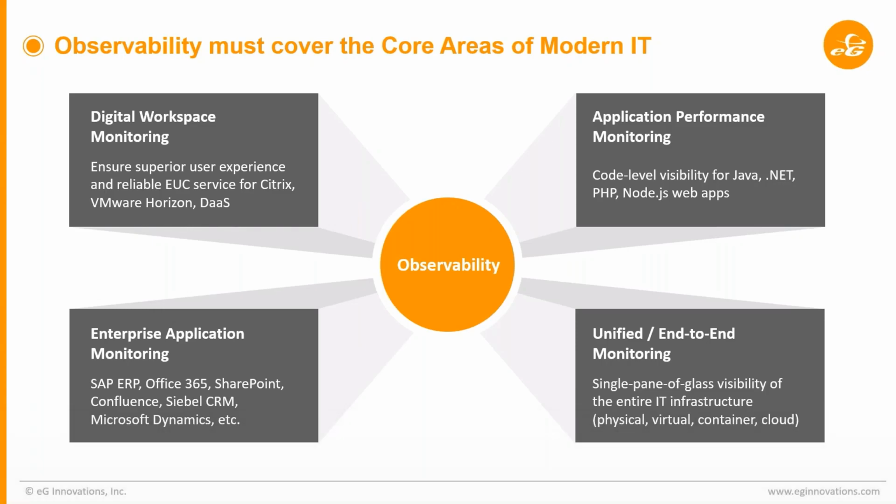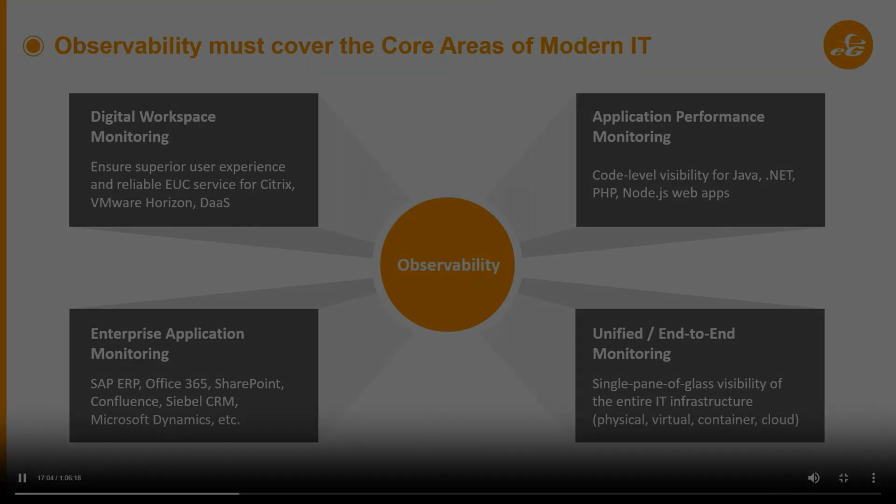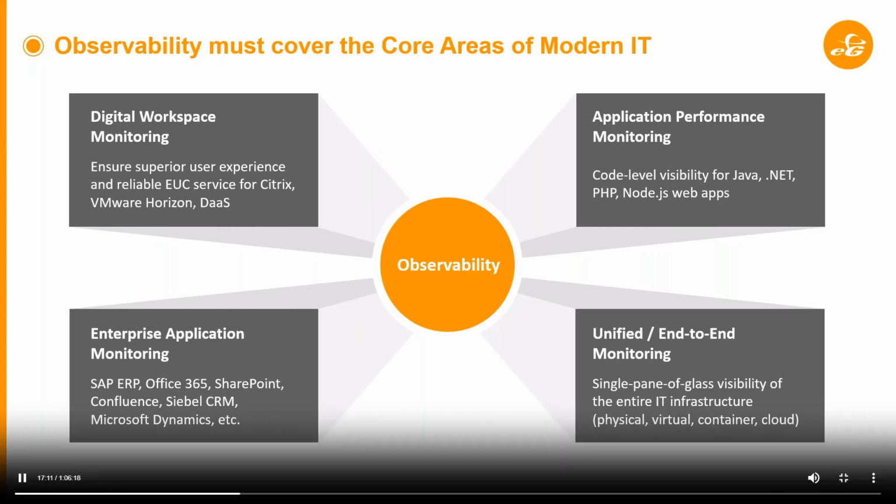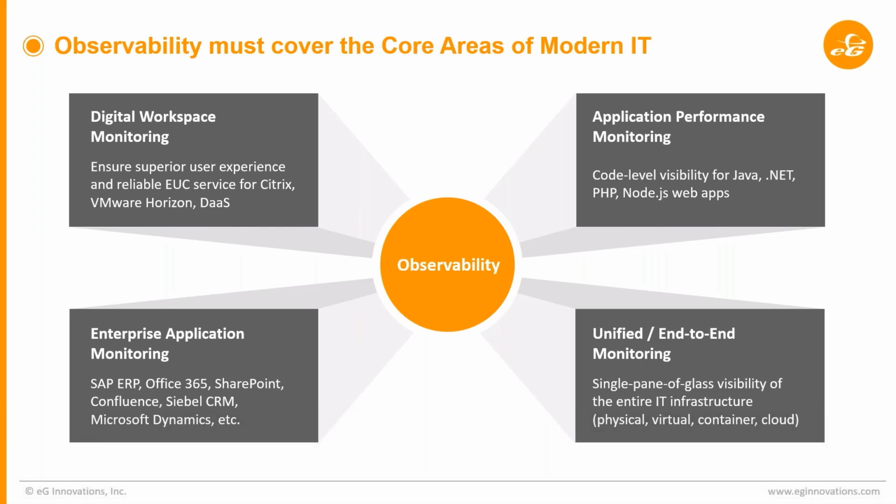But before we get there, whatever you frame as your observability strategy must address the core areas of modern IT. I told you that IT has changed. There are so many new technologies being deployed. Your observability solution must understand how to monitor digital workspaces because those are being used to support users connecting to your corporate network.